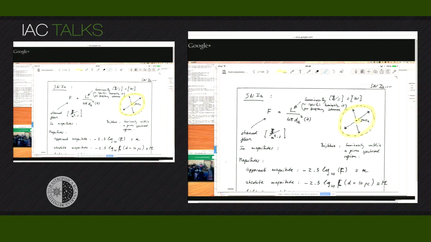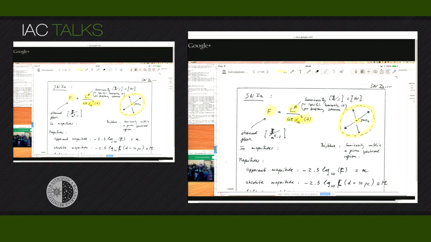So luminosity L of the supernova, and then we have the luminosity distance d_L squared, and so L divided by 4 pi d_L squared, by definition of luminosity distance, gives us the observed flux, F. So the idea is super simple. If we can observe the flux on Earth, and we know that all supernovae have the same luminosity, then we can work out the luminosity distance at that redshift, and then we can work out the cosmological parameters.